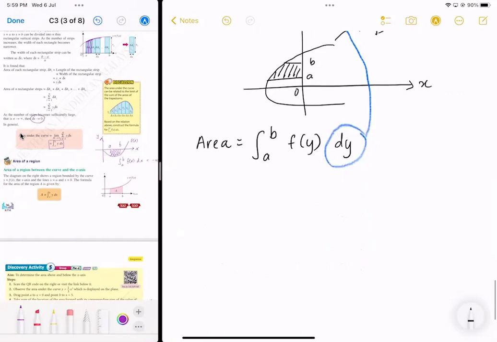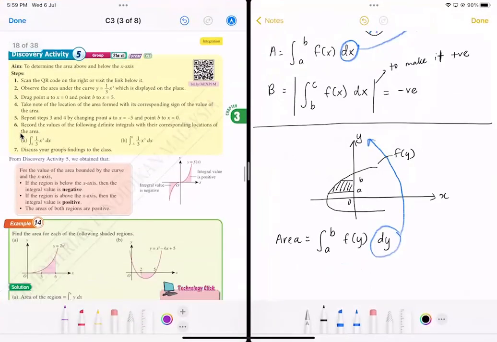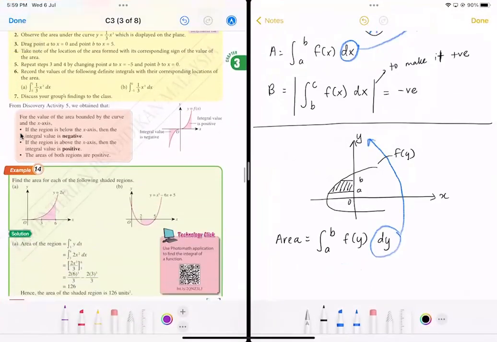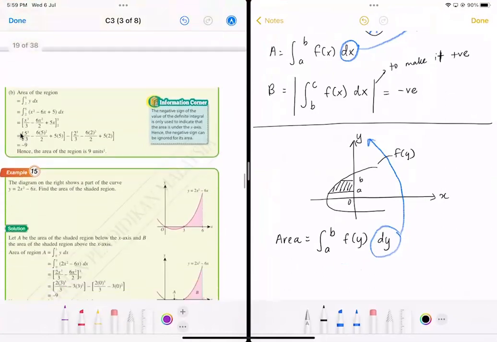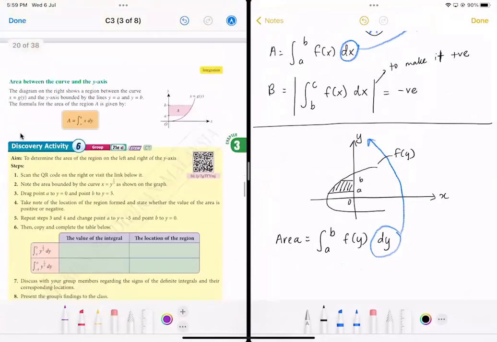Oh wait, I forgot to mention this. This part here, because it's on the left side, this answer would actually be negative.